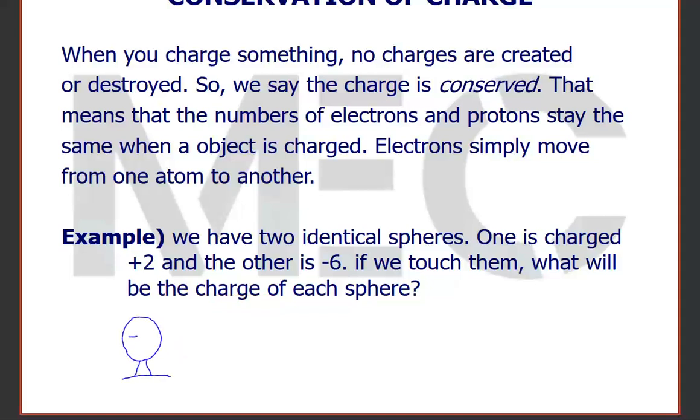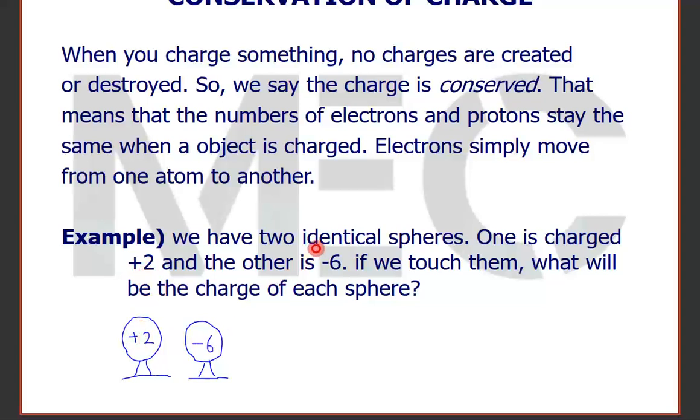Initially, this is positive 2. For the purpose of simplicity, I don't say the unit here. I can say it is positive 2 electron or positive 2 coulomb, but for simplicity, I just say it is positive 2 and this is negative 6.